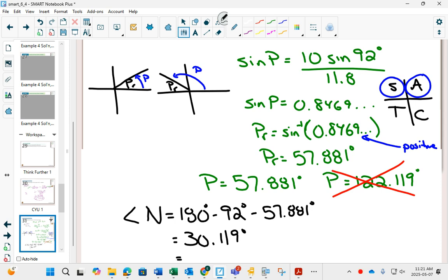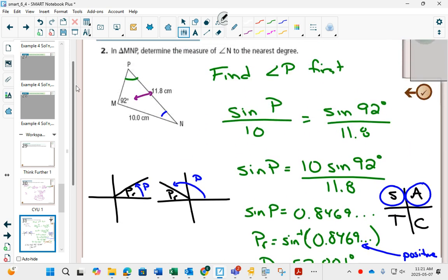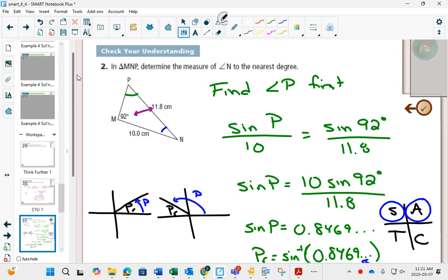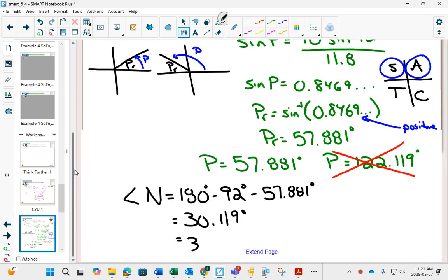I keep my 3 decimal places, and I use all my things, then at the very end I read, oh, to the nearest degree. I don't want to lose that rounding mark. So I reread my question at the end, and I get 30 degrees exact.